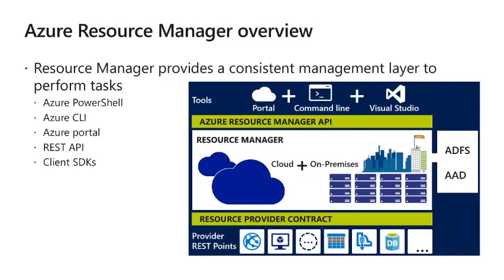You can easily download the ARM template from the portal, and you can use that ARM template from the command line, or even in Visual Studio, to create the same type of resources you have already created. You can use REST API, Azure Portal, Azure CLI, Azure PowerShell, or Client SDK.